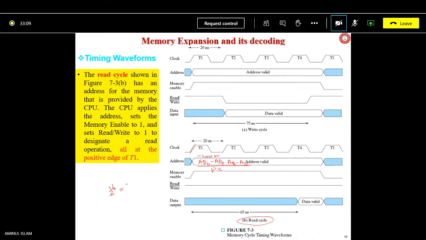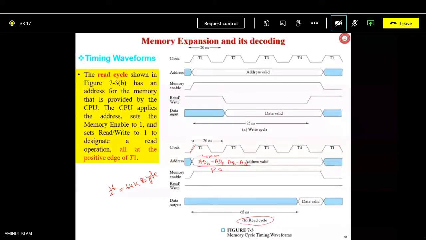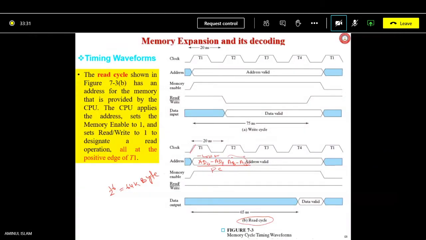With a 16-bit address you can access 2 to the power 16, which is what? Kilobytes can be accessed. PC is going to send the address through these lines or pins of the 8085. AD0 to AD7 is the 8-bit, another 8-bit is here. Why have I written AD0 to AD7?